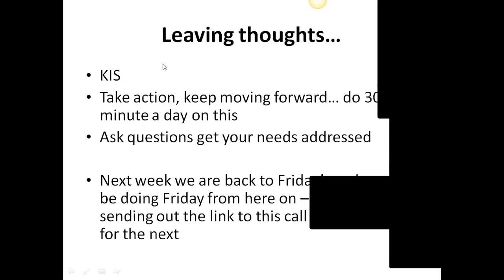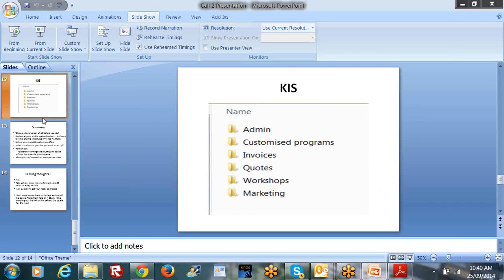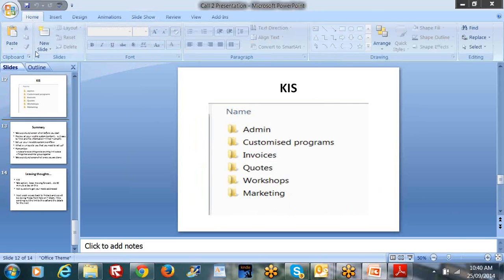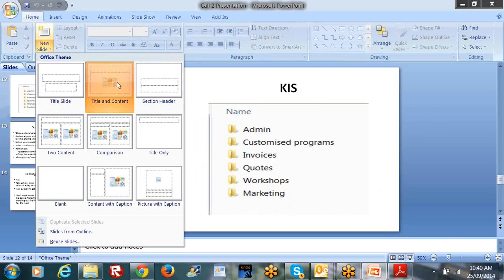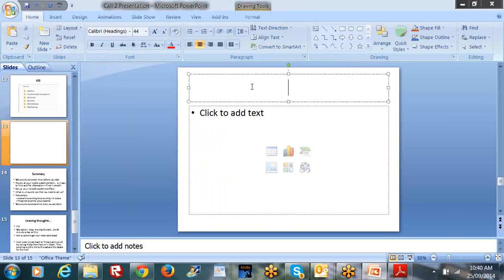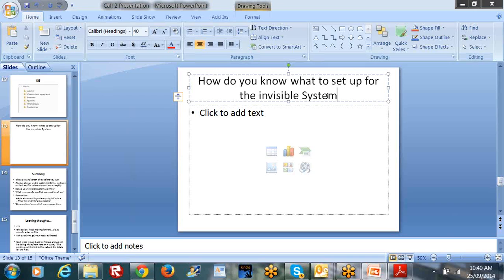So what I might need to do now is add some actual slides, huh? So the question was, how do you know what to set up for the invisible system?